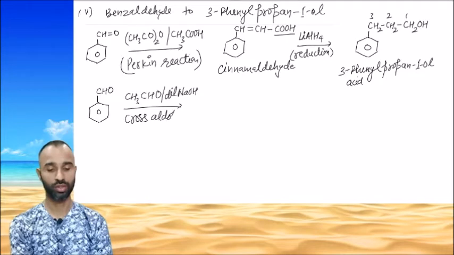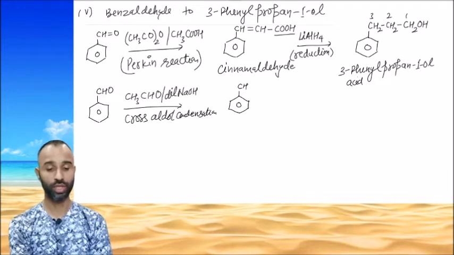Cross aldol reaction. In cross aldol condensation, first of all, we get the aldol product, Ph-CHOH-CH2-CHO, right?